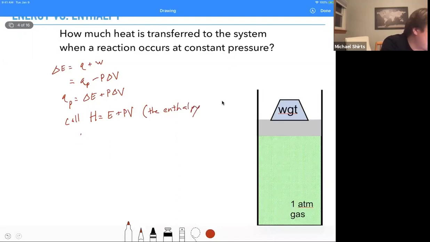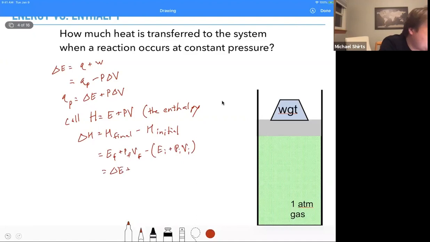So delta H will be H final minus H initial, so it will be E final plus P final V final, minus E initial plus P initial V initial. That would be delta E plus, now P final and P initial are the same, so it's just pressure times V final minus V initial, so delta V. And that is just equal to QP.